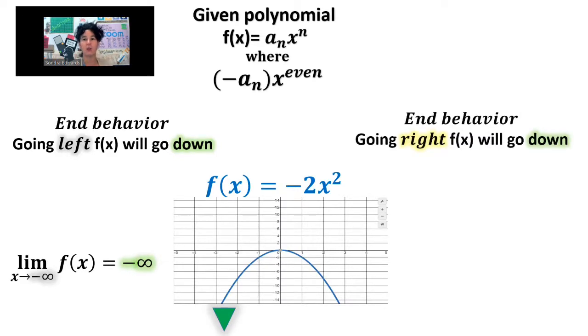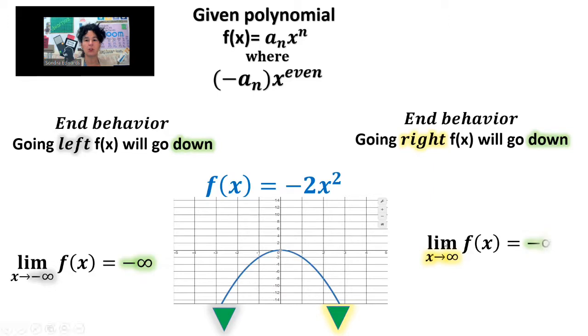All right, then over here on the right, as I start substituting numbers that are larger, larger, larger, that means I'm heading to the right, and then the answer to the function is going to get lower and lower and lower. It's heading down. So that means, notationally, the limit as x approaches infinity of f of x equals negative infinity.